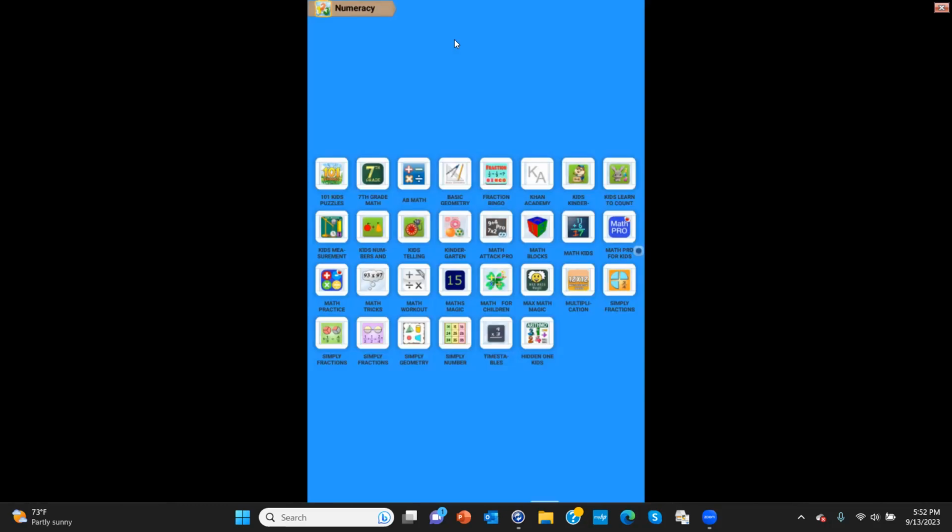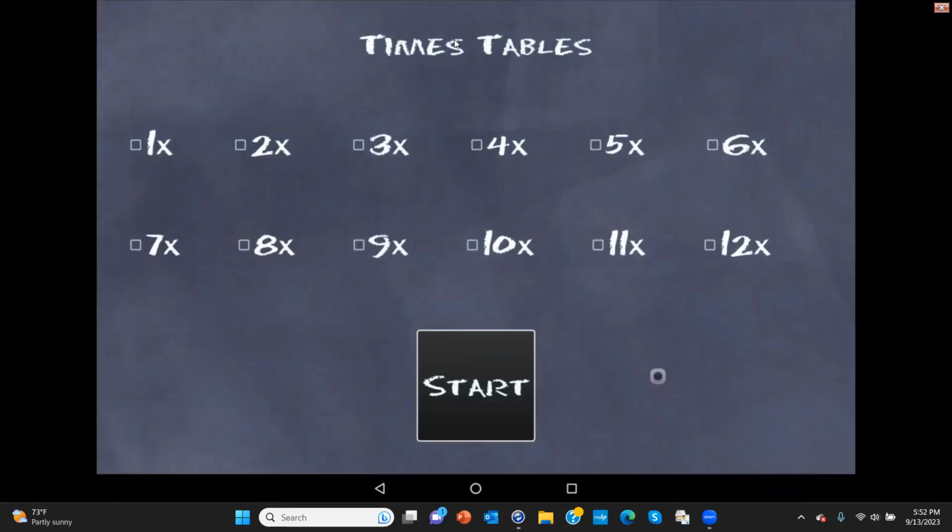Now, let's go to the actual times tables. This one here. And when you go to this one here, this is one of the things that you have to do on a daily basis until they know the times tables like how they know the alphabet, right?